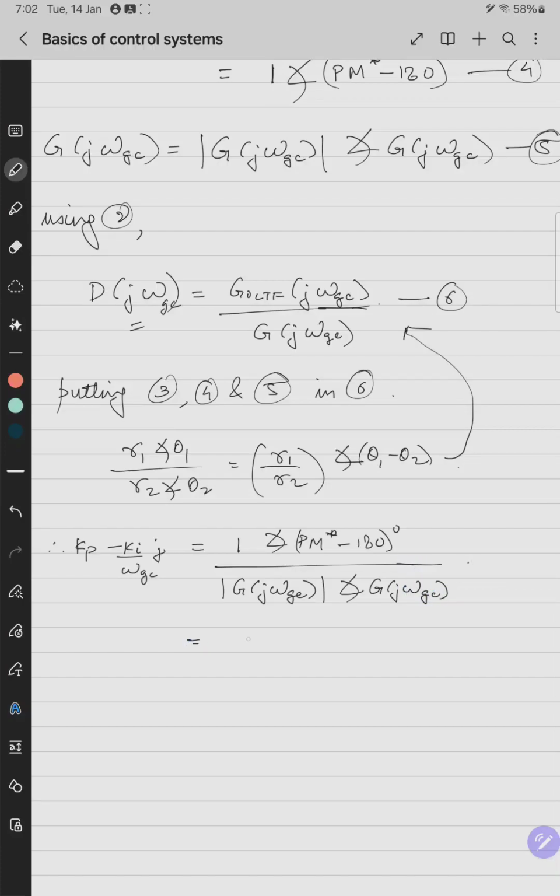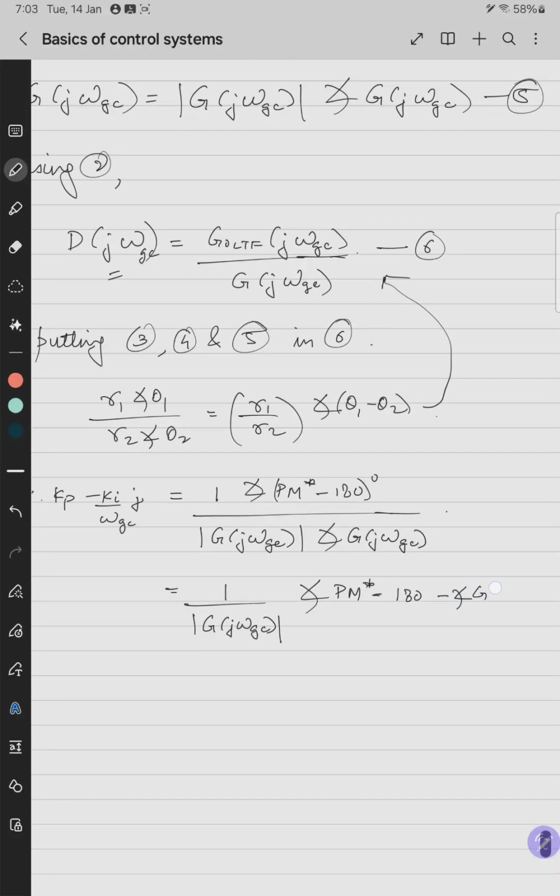Correct. Then what will be the RHS? 1 by mod of G of j omega gc at an angle of what? PM star minus 180 minus what? Angle of G at j omega gc.